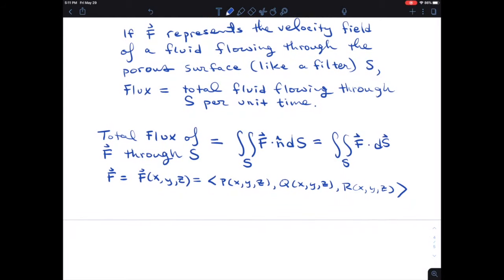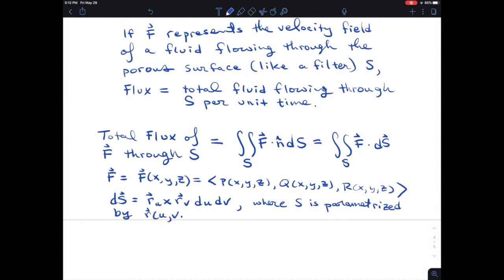And then just a reminder that dS is Ru cross Rv du dv, or dv du in either order, where S is parametrized by R of u, v. Okay.